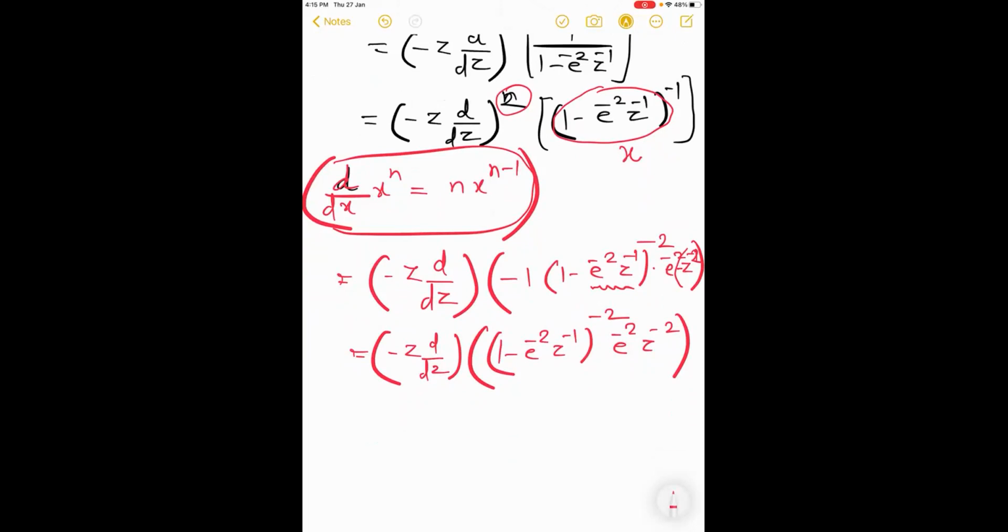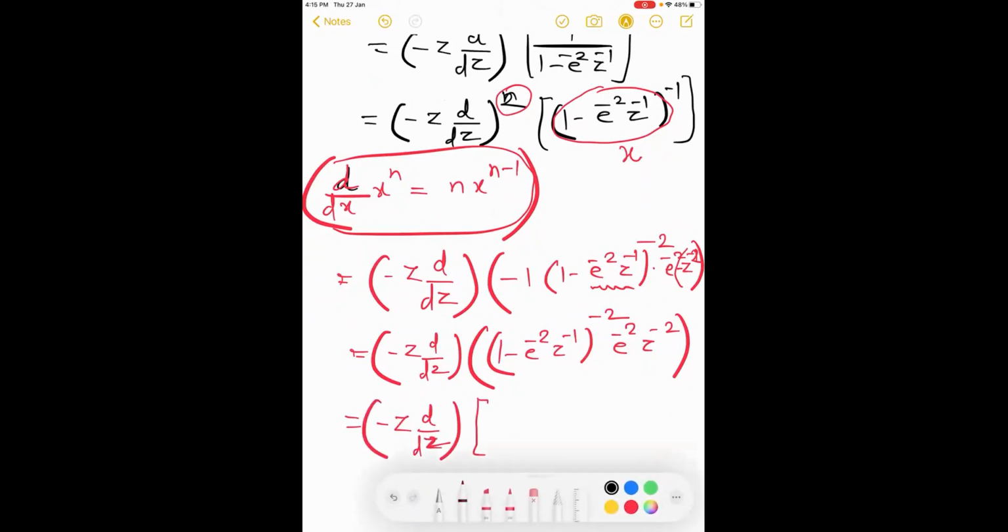So the total answer is minus z d by dz of, taking the LCM with denominator z square, and this term also will come in the numerator.